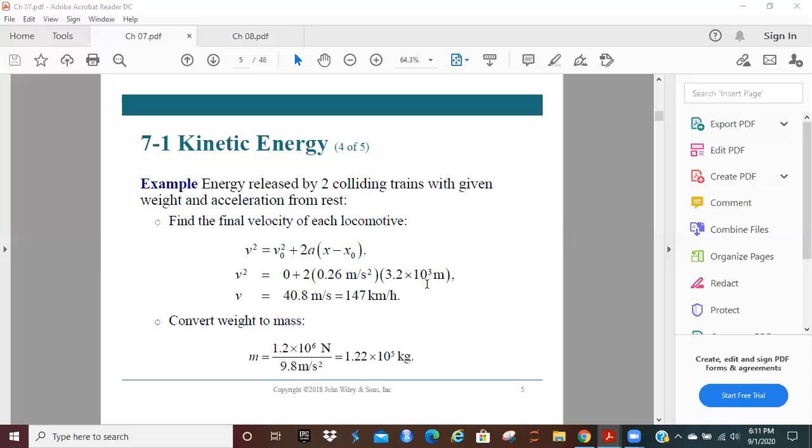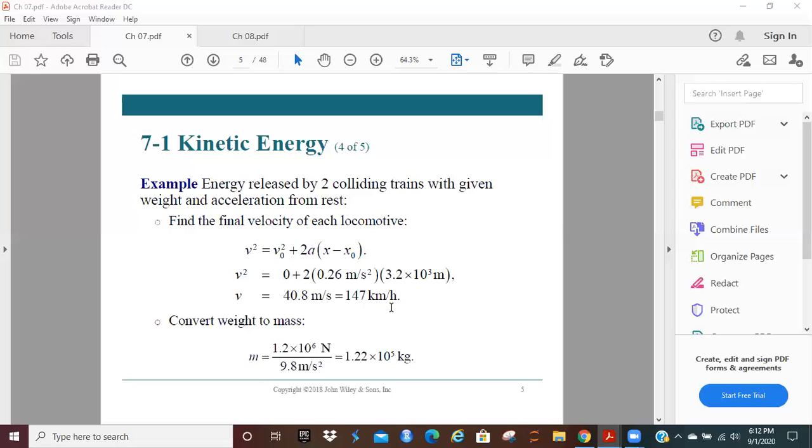We knew what all of these particular values are. We knew what this distance is from where they started out to where they ended up. We know what the acceleration was, and so we put all of that information into the problem to find V naught. We then take the square root and we figured out how fast these trains were moving.